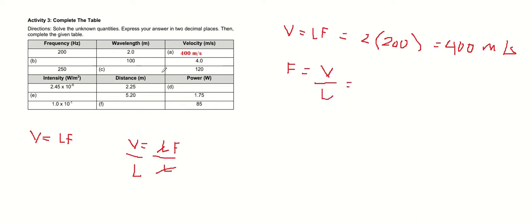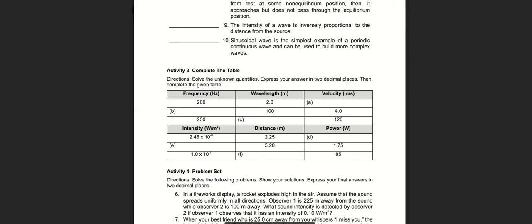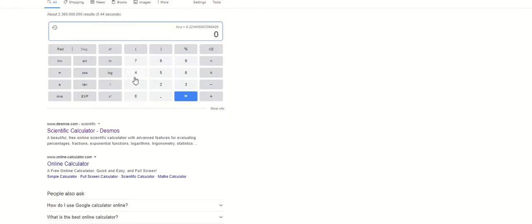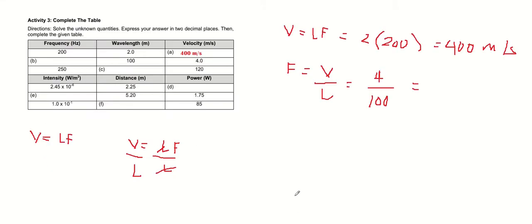So velocity natin dito is 4, substitute lang. Tapos yung wavelength natin, nasan yung wavelength? It's 100 meters. So 4 divided by 100, calculator natin. 4 divided by 100, 0.04. Yun na yung sagot natin.